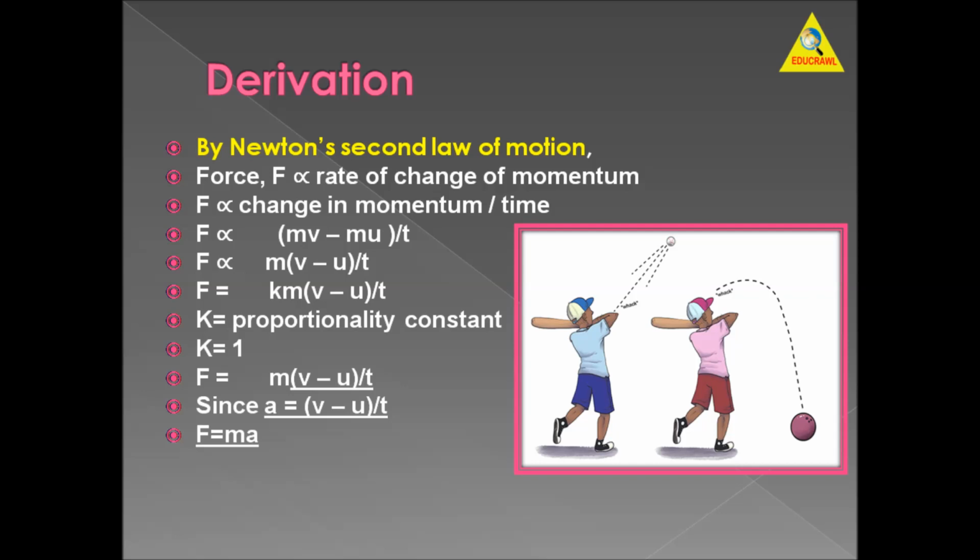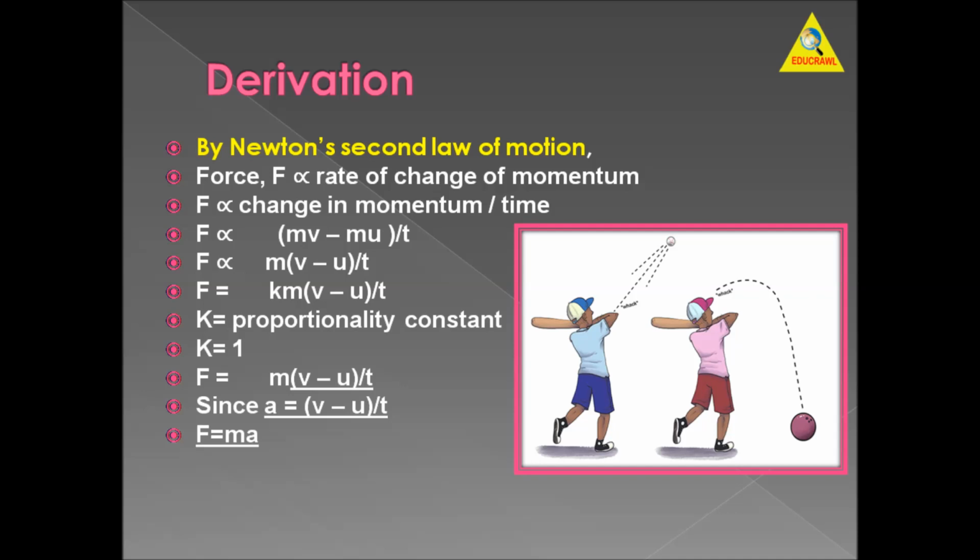Next, what does rate of change mean? Rate of change means any change with respect to time. Hence, in Newton's second law, it is given as the rate of change of linear momentum. This means the change in linear momentum with respect to time.